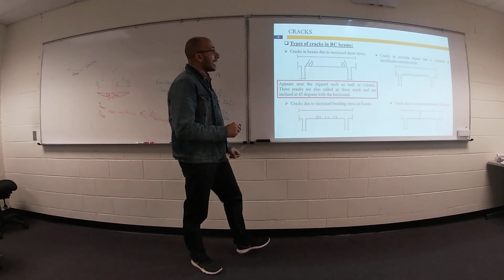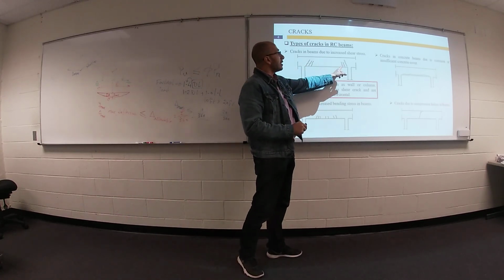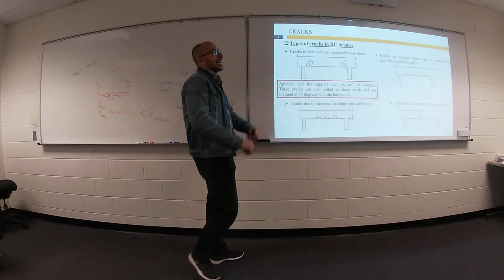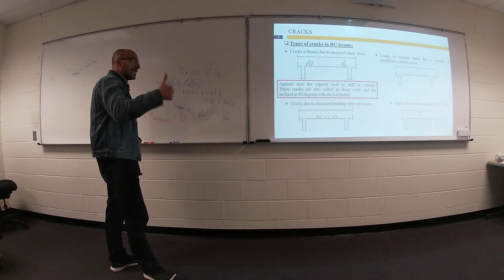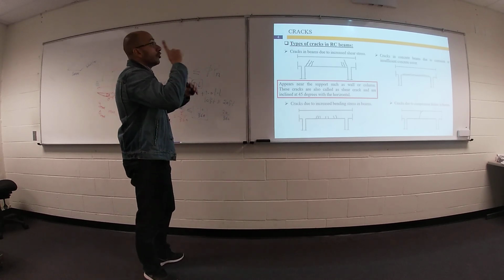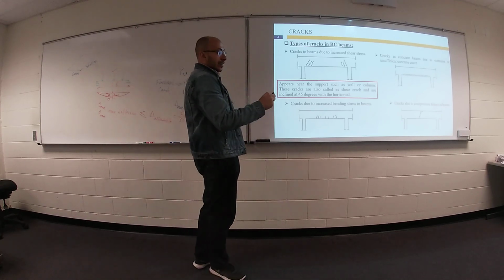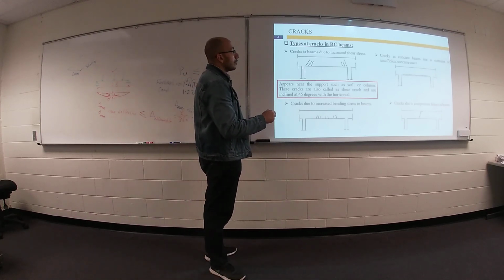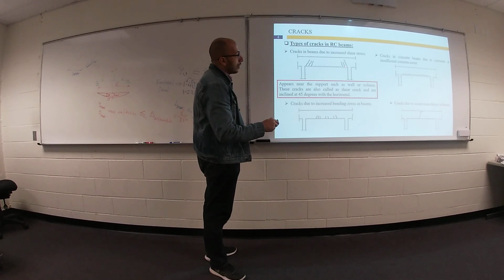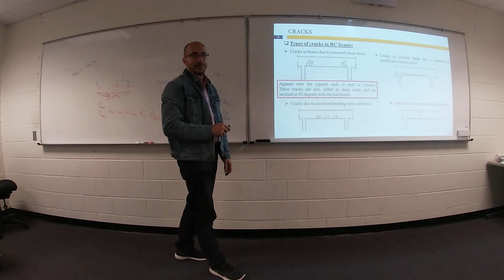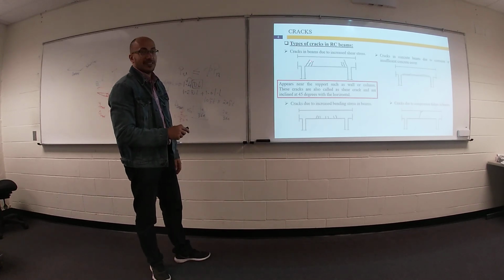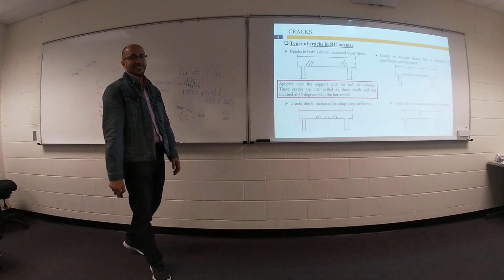If you have cracks at 45 degrees, so the orientation of your cracks is inclined, not vertical, not horizontal, inclined cracks near your column. We have a column here, we have another column here. Your cracks near your column at 45 degrees, these cracks are due to shear. We don't have enough stirrups to support your shear.